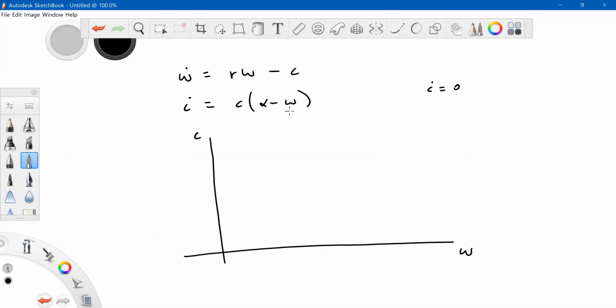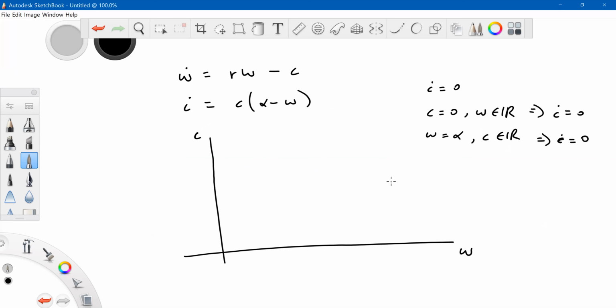If C is equal to 0 and W is any real number, then this implies C dot equals 0. Or if W is equal to alpha and C is some real number, again C dot is equal to 0.